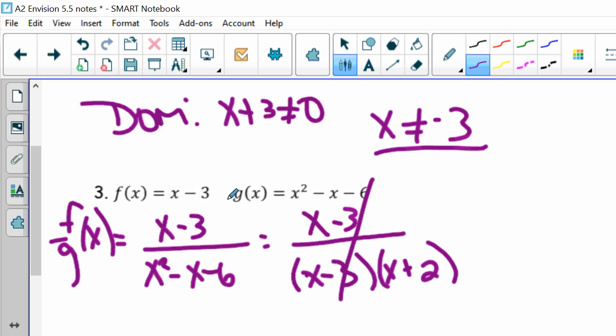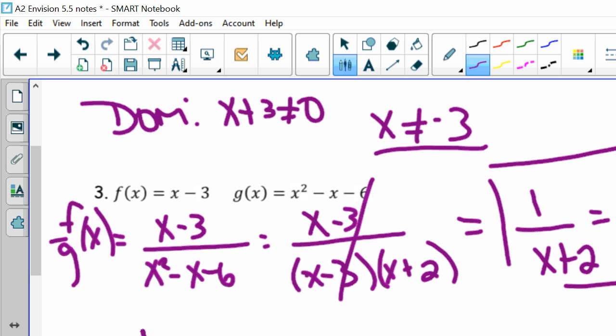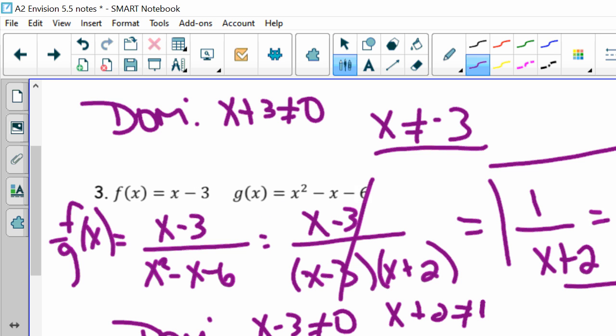My x minus 3 cancels. So I'm left with 1 over x plus 2. That's what f divided by g of x is equal to. Now I want my domain. Again, I go back to the original. X minus 3 cannot equal 0, and x plus 2 cannot equal 0. So my domain is x cannot equal 3, and x cannot equal negative 2.